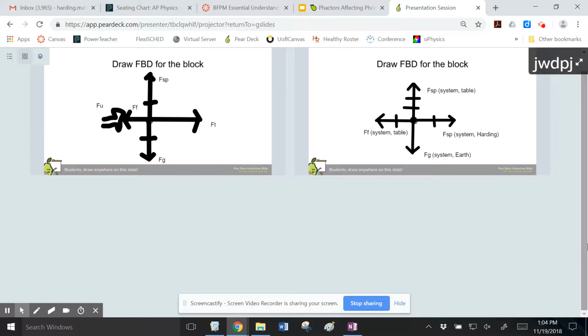So these are two examples that I'm seeing in there. I need you to consider these with your neighbor. And think about it in comparison to what you have drawn for your diagram. You make a strong case for either one of those.